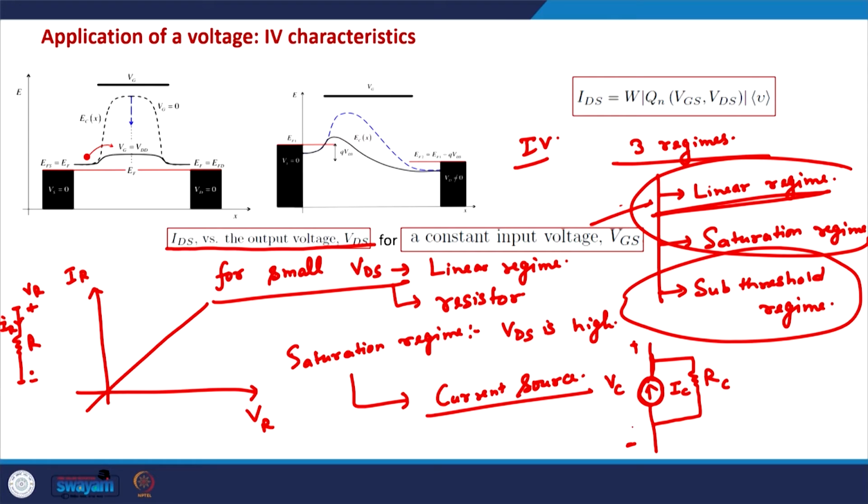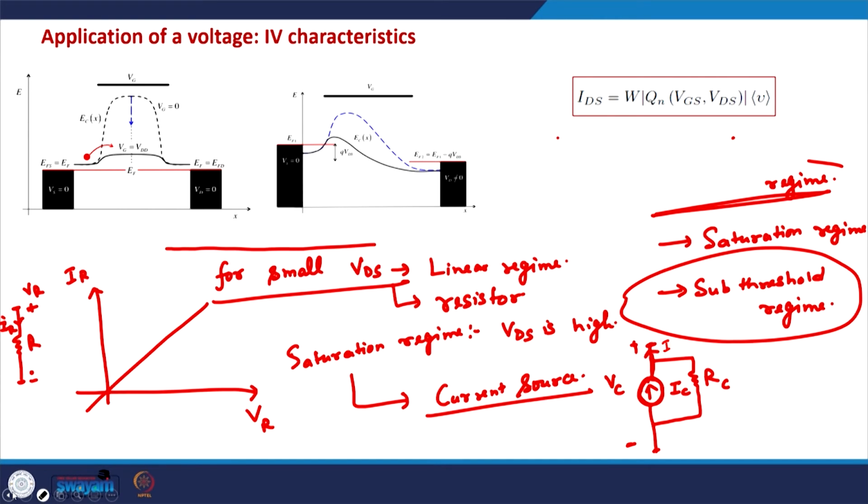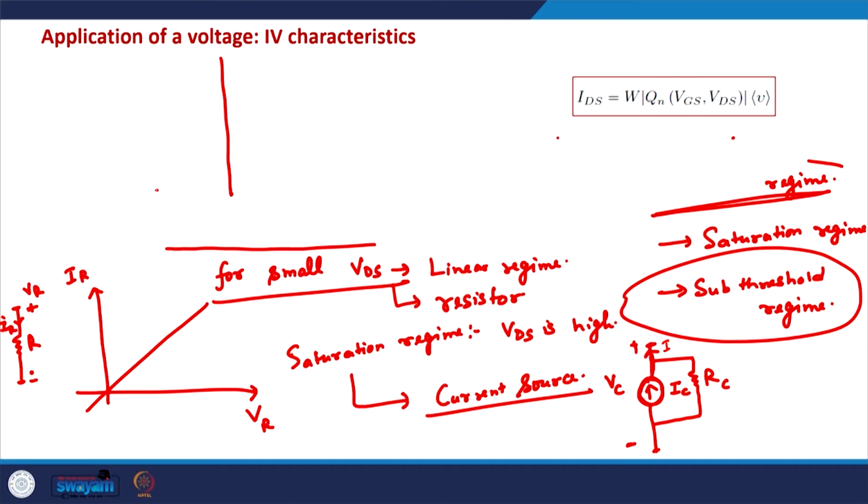In that case, the voltage and the current have this kind of characteristics. Let me just plot it. The current I versus Vc, where Vc is the voltage across the current source and I is the current. An ideal current source will have characteristics like this. The current will be independent of the voltage applied across it.